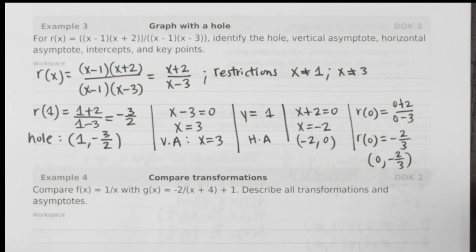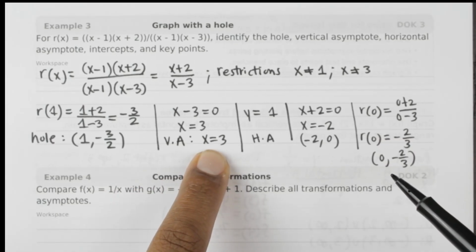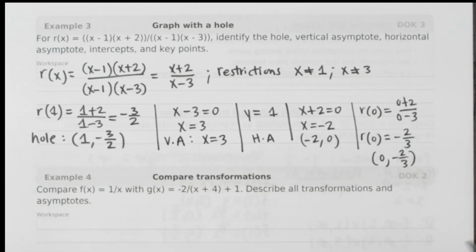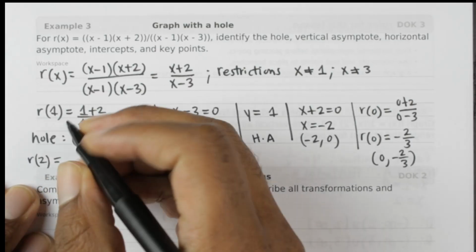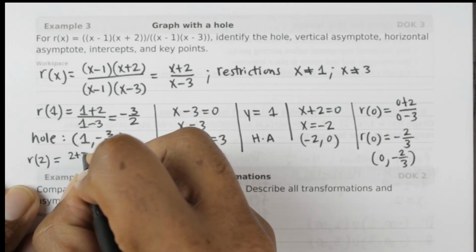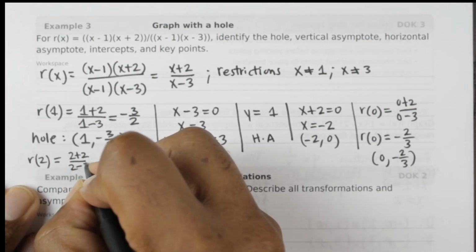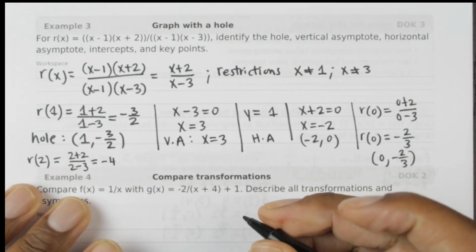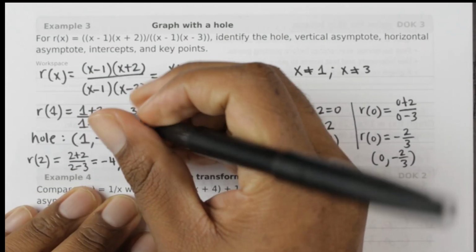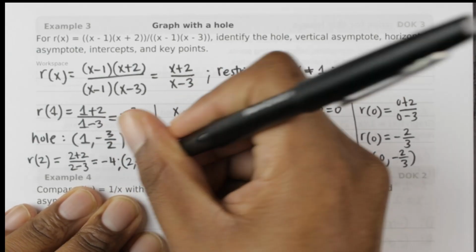Now choose some key points. We're going to use one point on each side of the vertical asymptote. So the vertical asymptote is x equals 3. Let's use 2 and 4. For x equals 2, that gives us the point (2, -4).